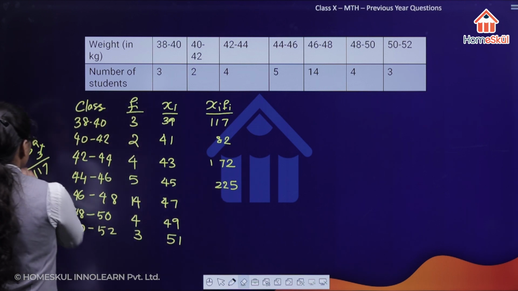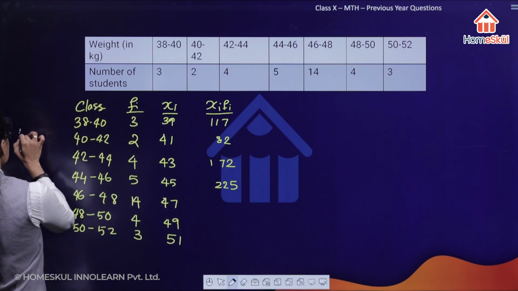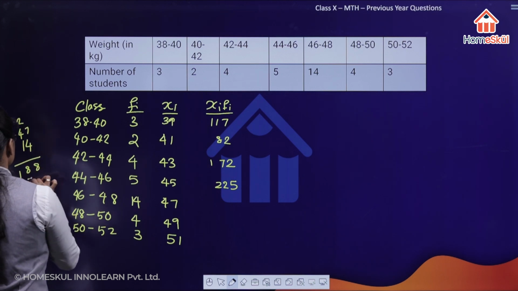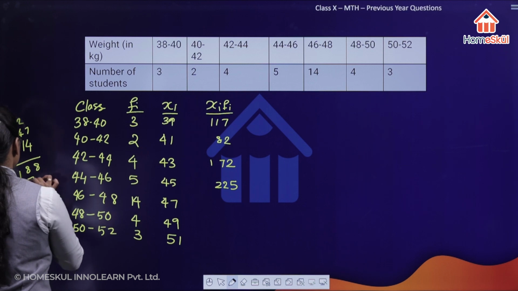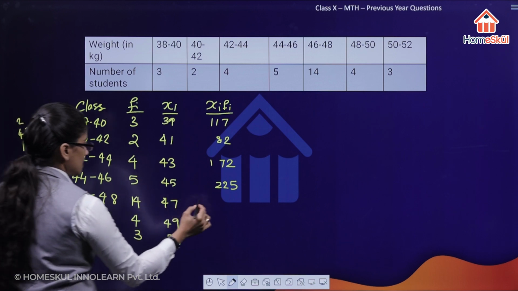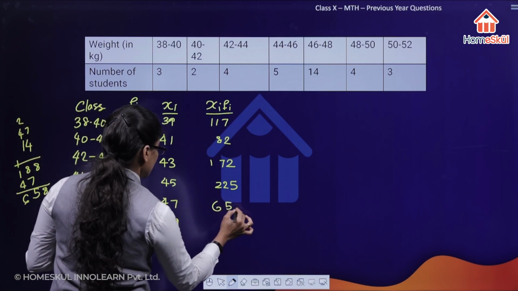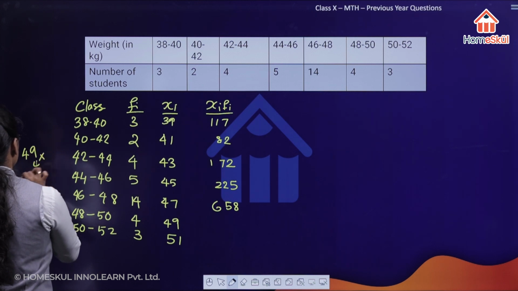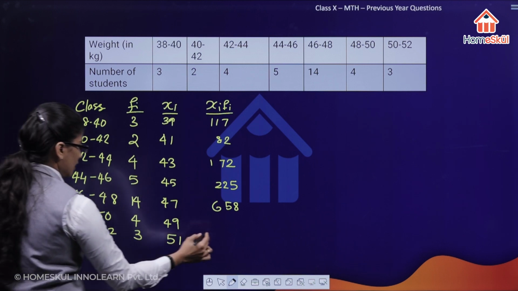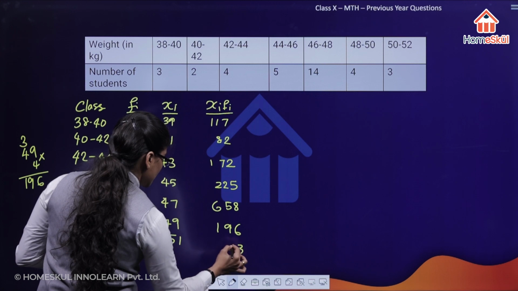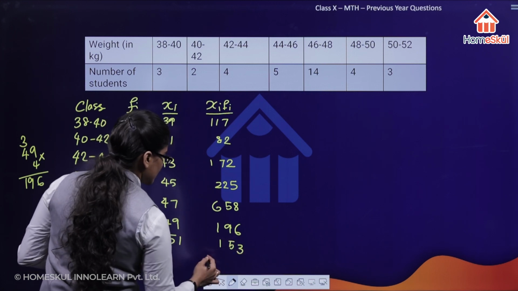Then 14 into 47 is 658. Then 49 into 4 is 196. Then 51 into 3 will be 153. Right?